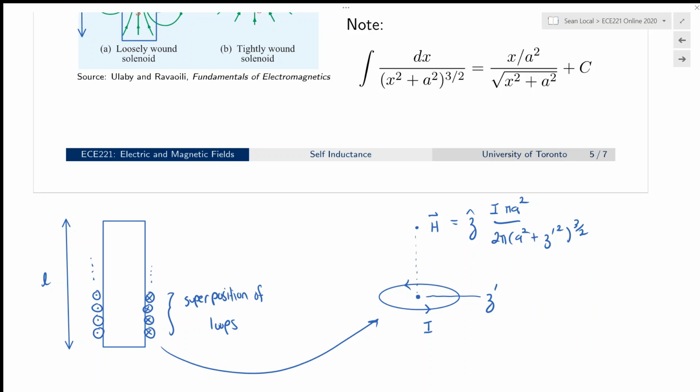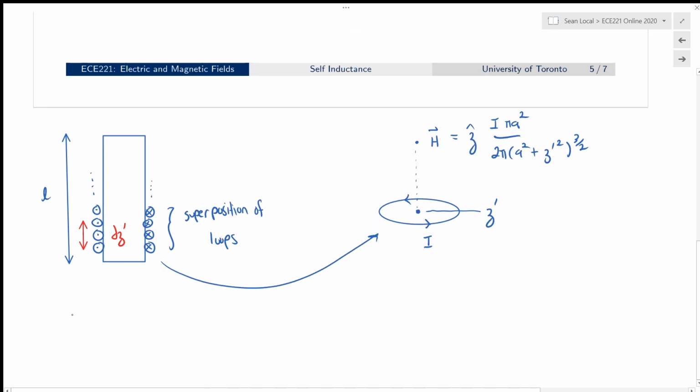So what we're going to do next is we're going to focus our attention on a very small length within our solenoid, which I'll highlight here. And this length is very, very short. It's dz prime. It's an incremental length of solenoid. So let's write that down. dz prime is an incremental length of solenoid.